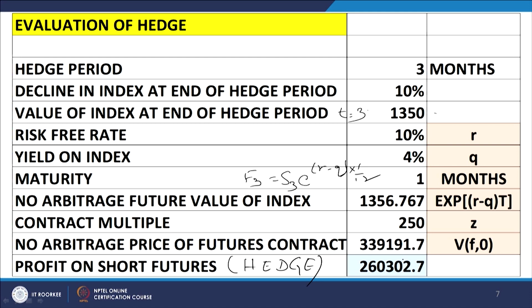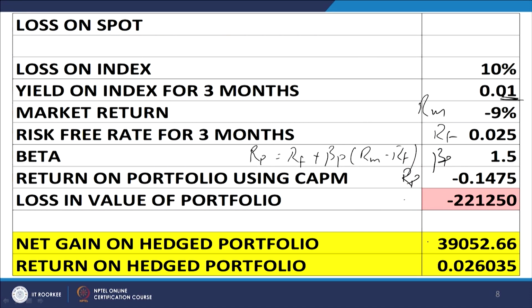So, we are still in the green and the amount that we are in the green is 39052, which works out to a return of about 2.6%, which is roughly close to the risk free rate.